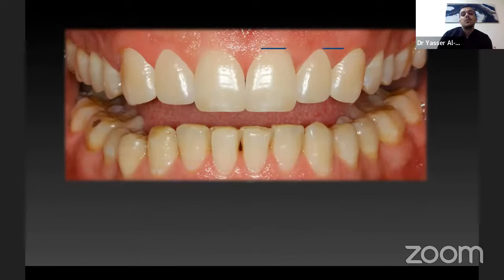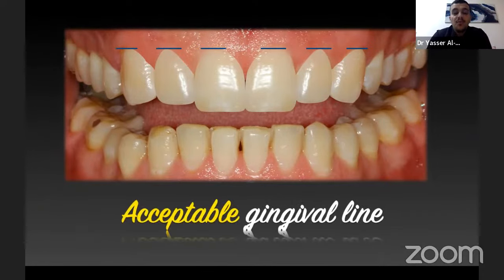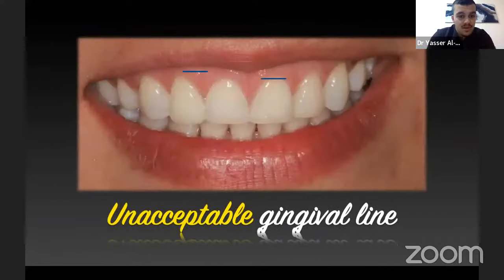But we have another type, the acceptable. If we can't obtain the ideal gingival line, we obtain the acceptable gingival line, which means the centrals, canines and laterals are all equal in the gingival line. But there is the unacceptable gingival line, which means the teeth, maybe even the right and left central incisors themselves, are not equal.